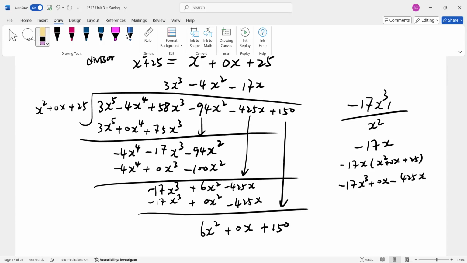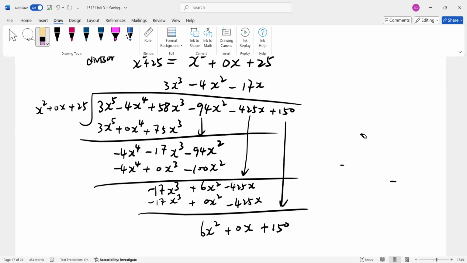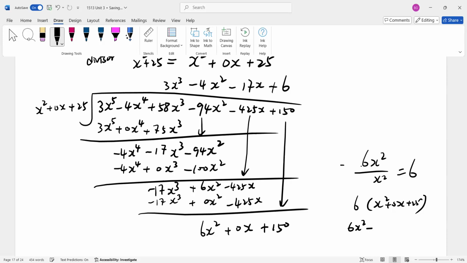And then do it again. Multiple rounds. Divide 6x squared by x squared, which is 6. So 6 here. 6 times the divisor: 6x squared plus 0x plus 150.